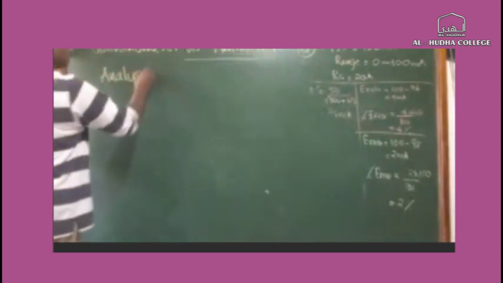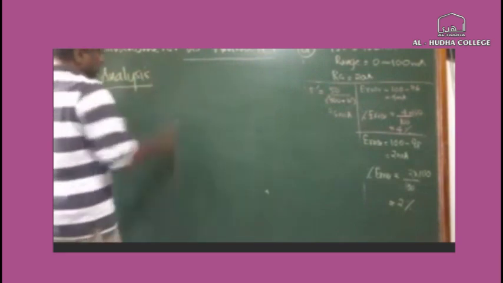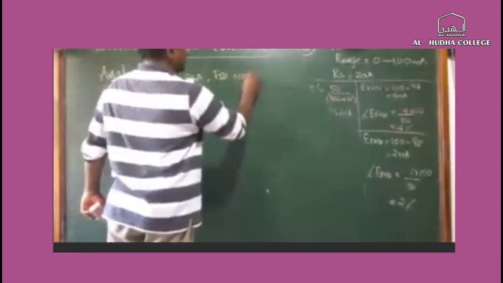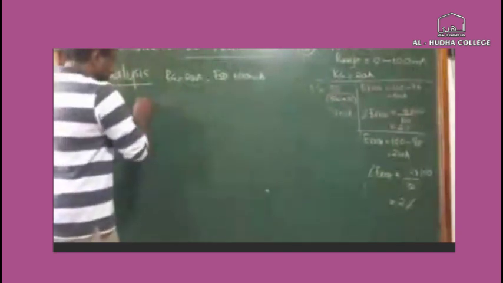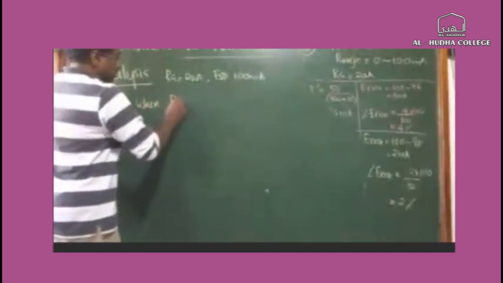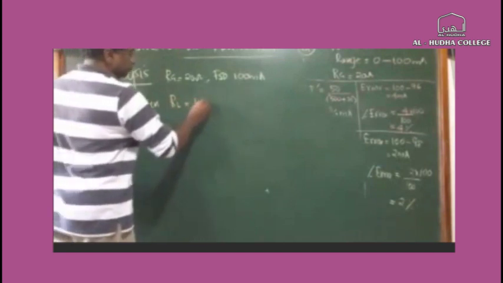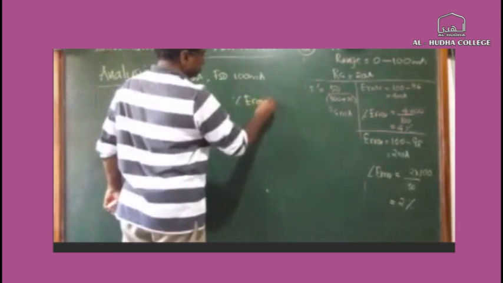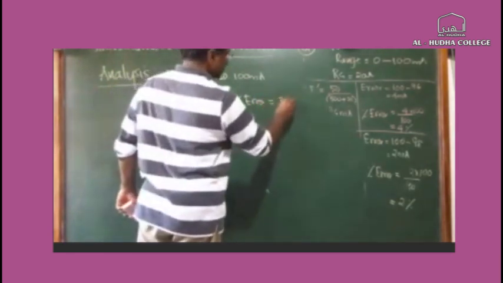I'll summarize the analysis. RG is 20 ohm, FSD 100 milliamps, right? When load resistance is 40 ohm, percentage error equals 33%.